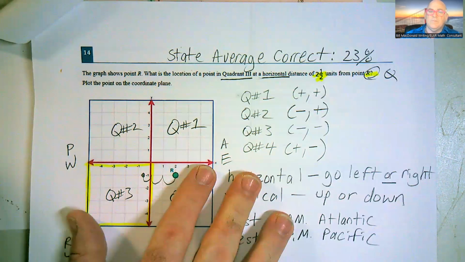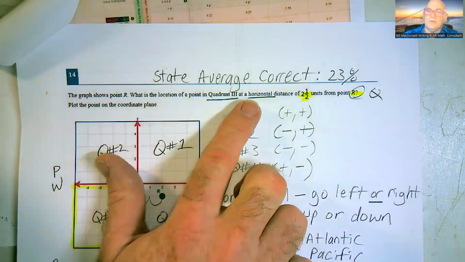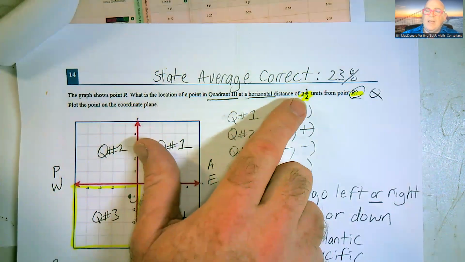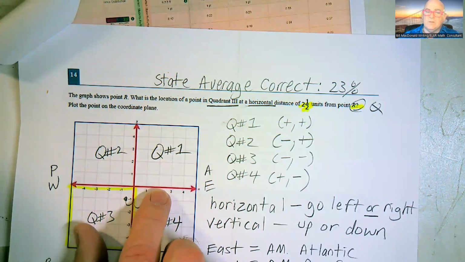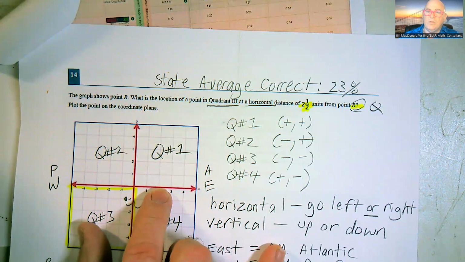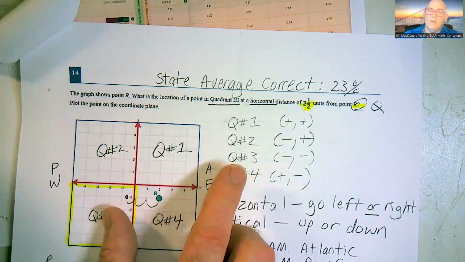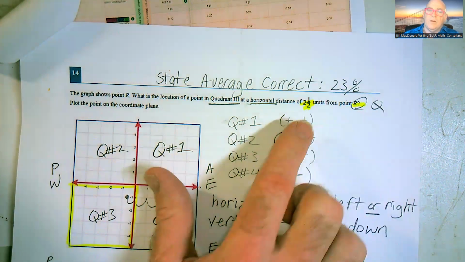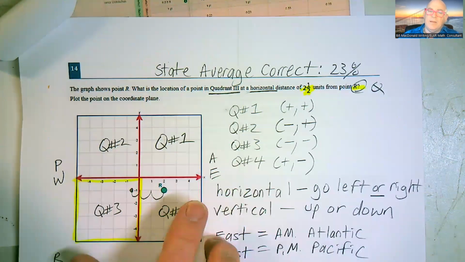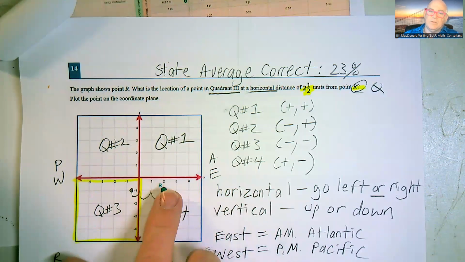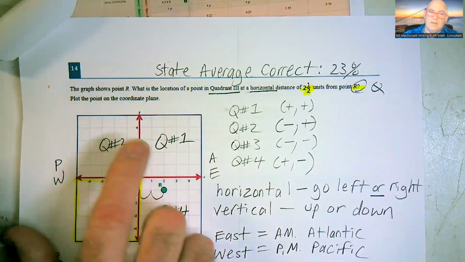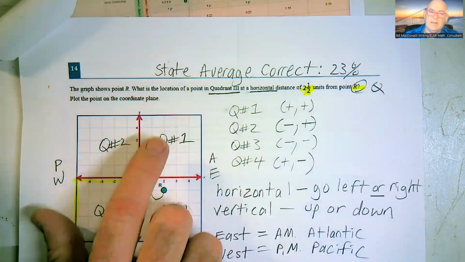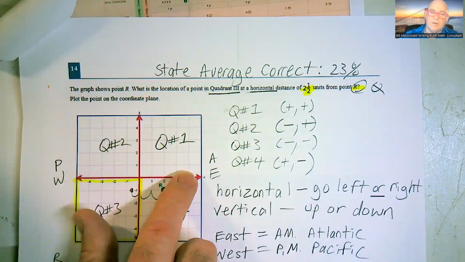So because they set a horizontal distance of 2 and 1/2 units, well, each of these little lines here is one unit. And so I need to go from point R. So probably what happened is your students stayed in quadrant 4, which is where R was, even though it didn't tell them that. Your kids had to know how the 4 quadrants work.